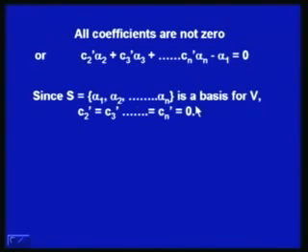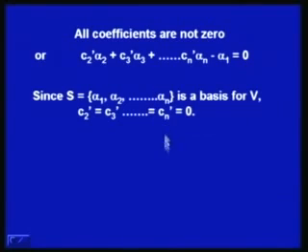And S equal to alpha 1, alpha 2, alpha n is a basis for V. Since it is a basis, C2 dash, C3 dash, Cn dash all have to be 0, because only then will it be a set of independent vectors, and this is a set of independent vectors because we have already assumed that S is a basis for V.